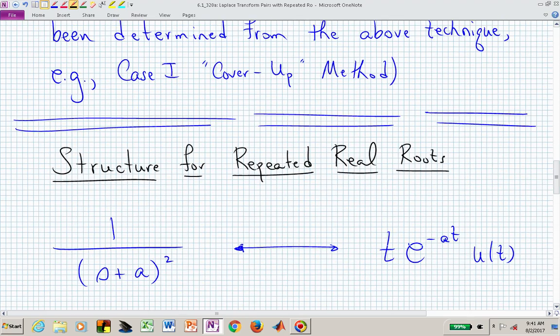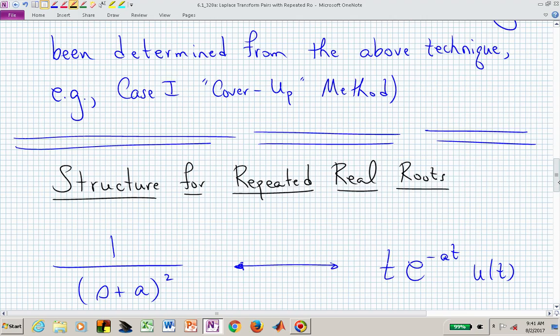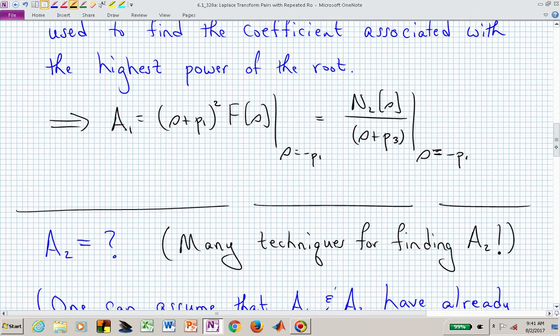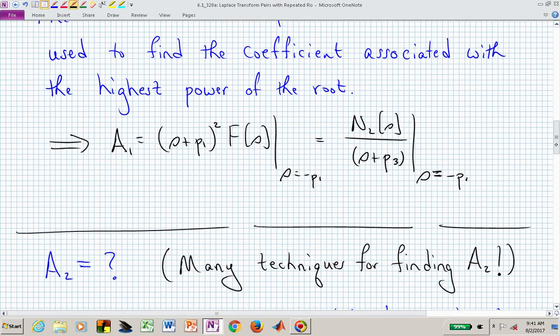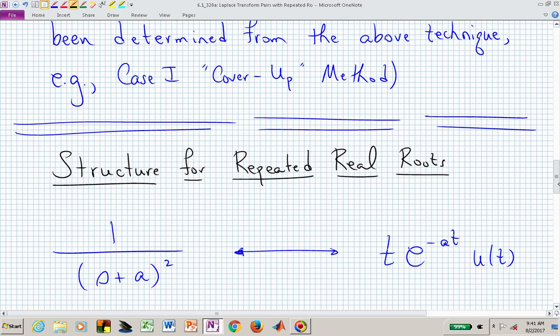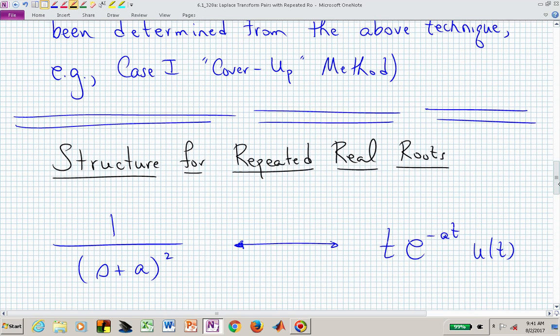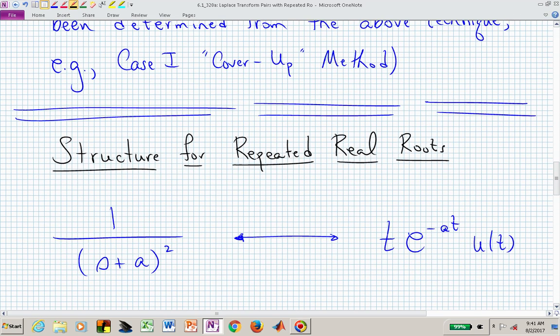And here is what you can start to associate with these repeated roots. Let's look at the case when they are real roots. Up above, we just found that when we had a double pole at some value, in this case it's a, then we stick a t in front in the time domain.